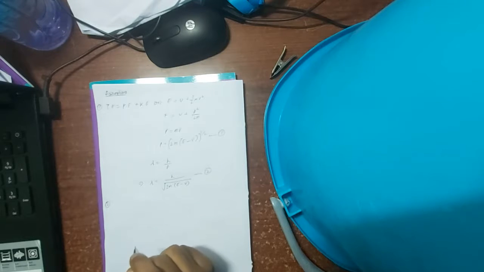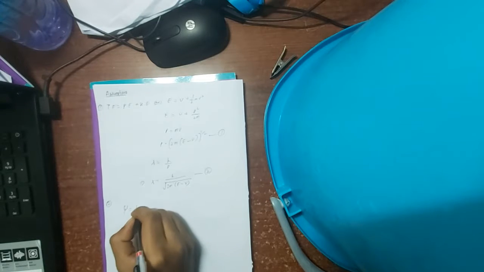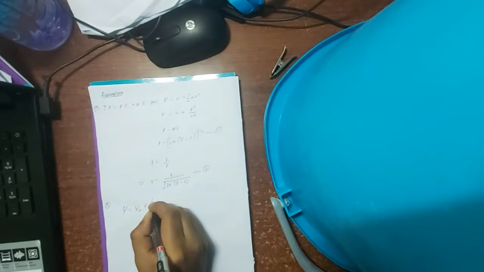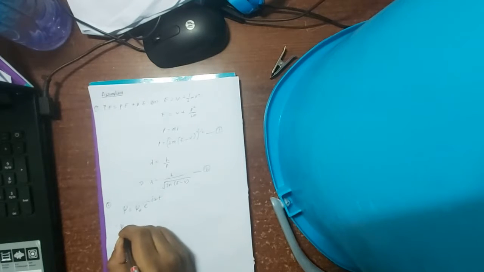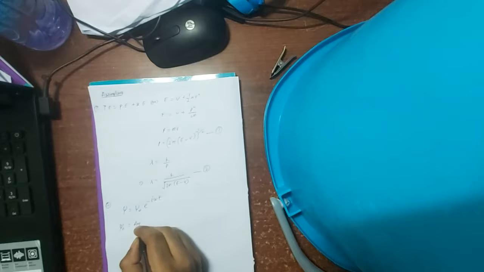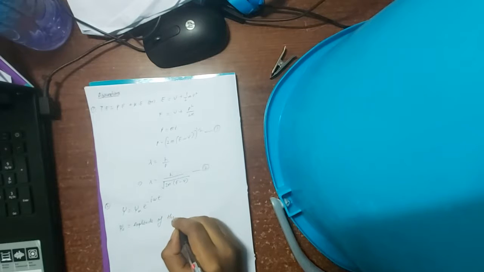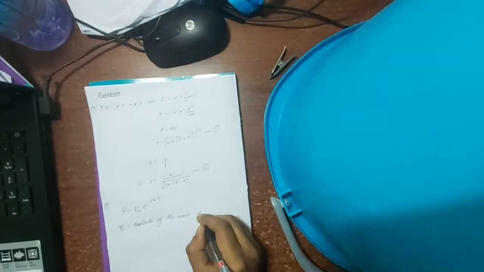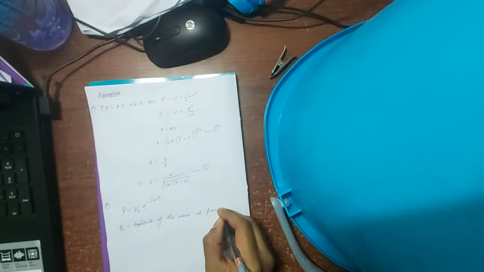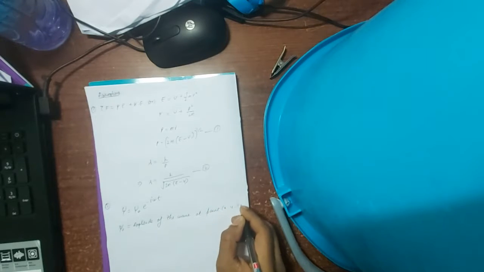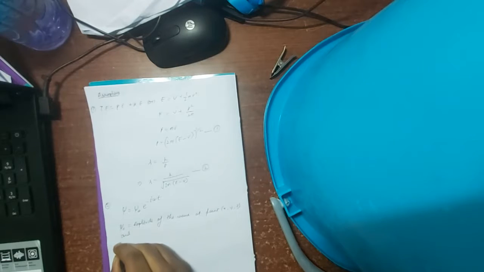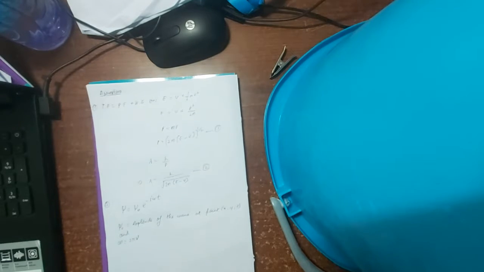The wave function associated with the material particles as a function of time t can be written as psi is equal to psi naught into e power minus i omega t, where psi naught is the amplitude of the wave at point x, y, z, and angular frequency omega is equal to 2 pi nu, where nu is the frequency of radiation.